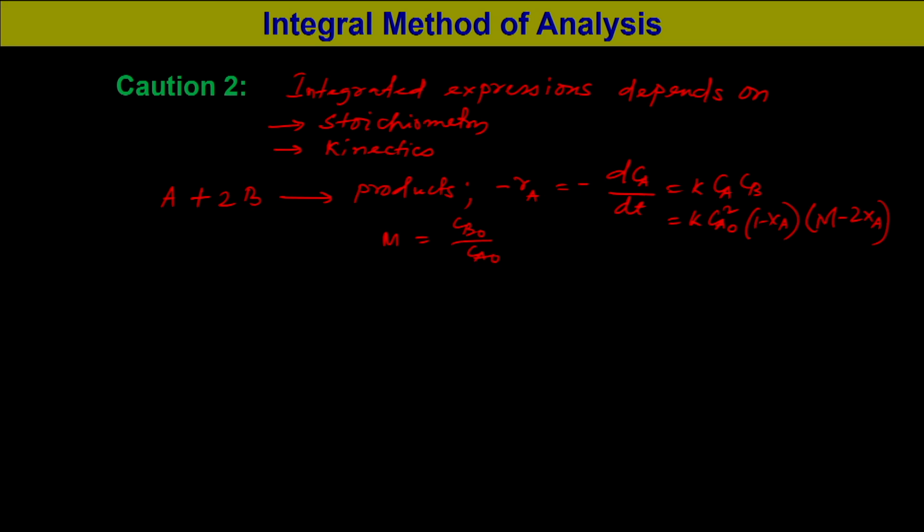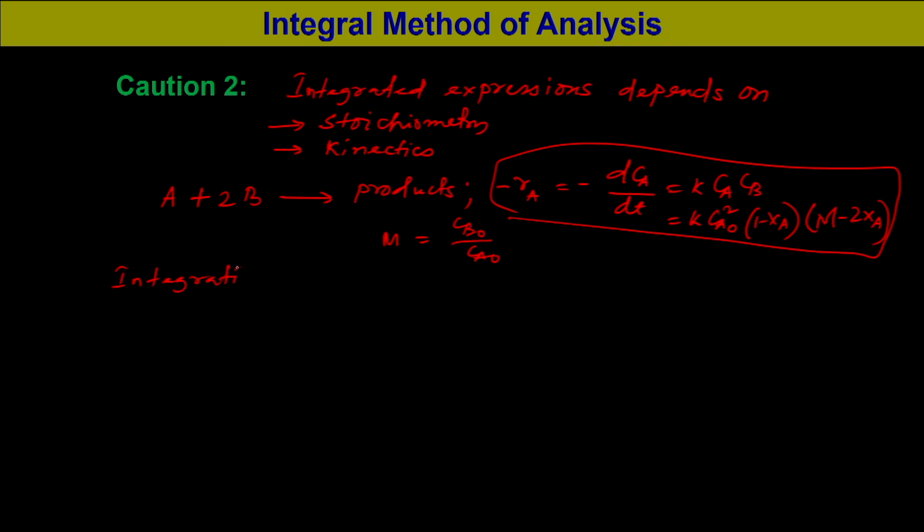Now, if we integrate this rate expression, we would obtain ln Cb Ca naught by Cb naught Ca, which we have done before.